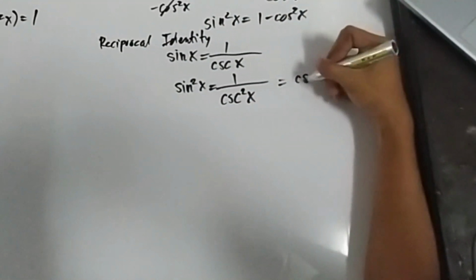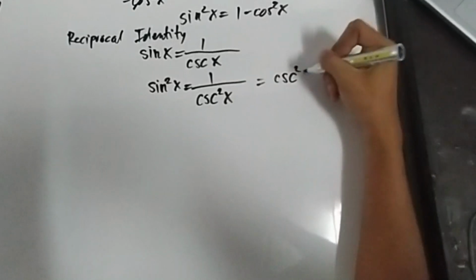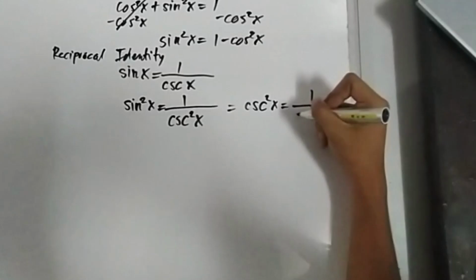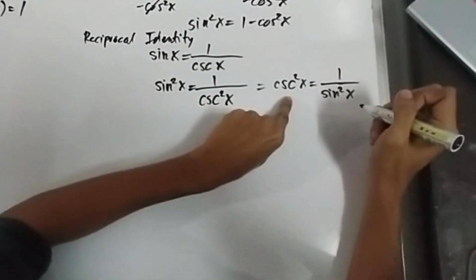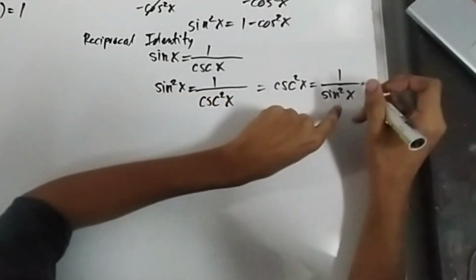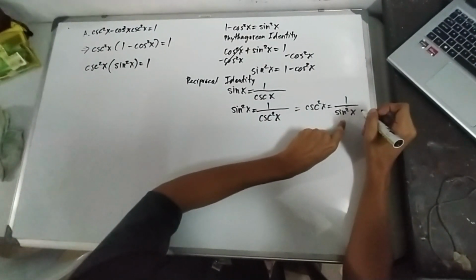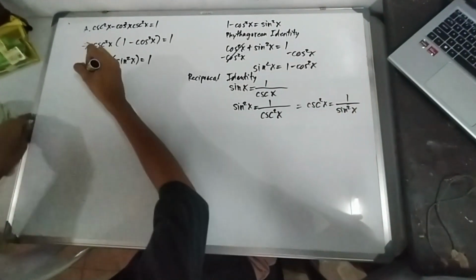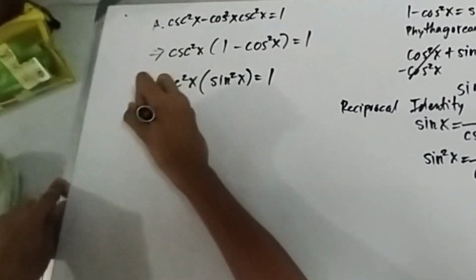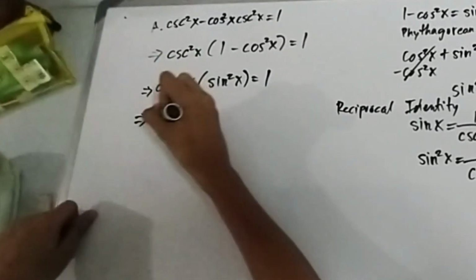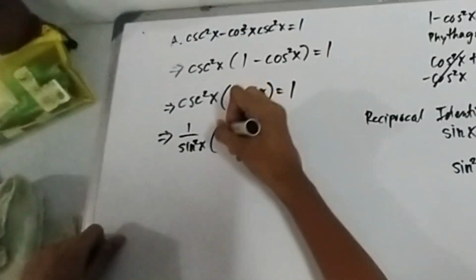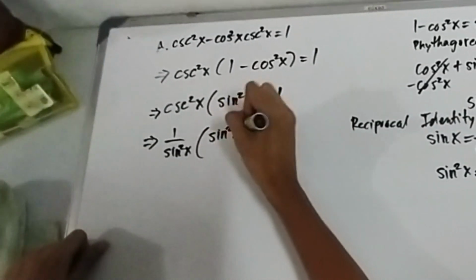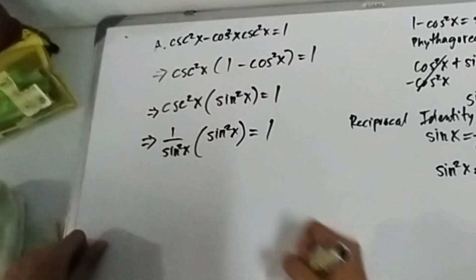It's just equal to cosecant squared x is equal to 1 over sine squared x. So as you can see, here is equal. So we're going to substitute this value in this function: 1 over sine squared x times sine squared x is equal to 1.